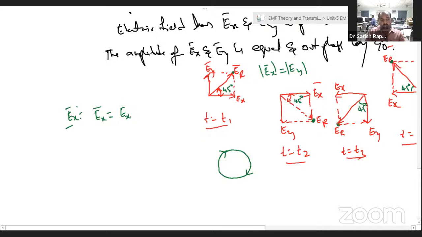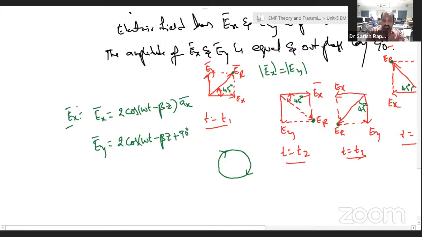In other words, let us say Ex bar is equal to 2 cos(omega t minus beta z) Ax bar, in the sense the wave is propagating in the z direction, and Ey bar is equal to 2 cos(omega t minus beta z plus 90 degrees) Ay bar. Let us say this is equation 1 and this is equation 2.